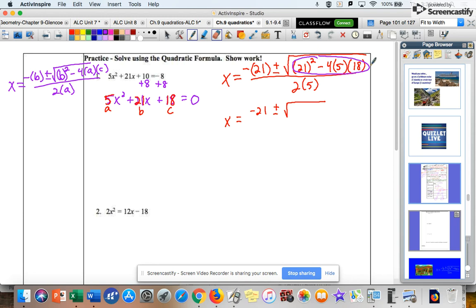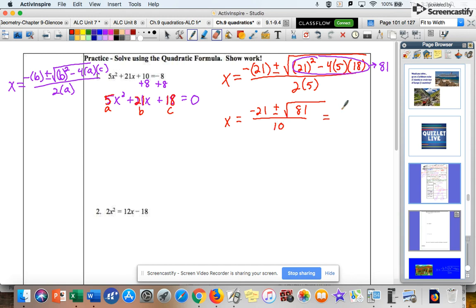And when we do that, that will all turn out to be, in this case, 81. Okay? So 21 squared minus 4 times 5 times 18 turns out to be 81. So therefore, we got negative 21 plus or minus the square root of 81 all over 2a. So 2 times 5 is 10. Okay, so that's simplified pretty quickly.